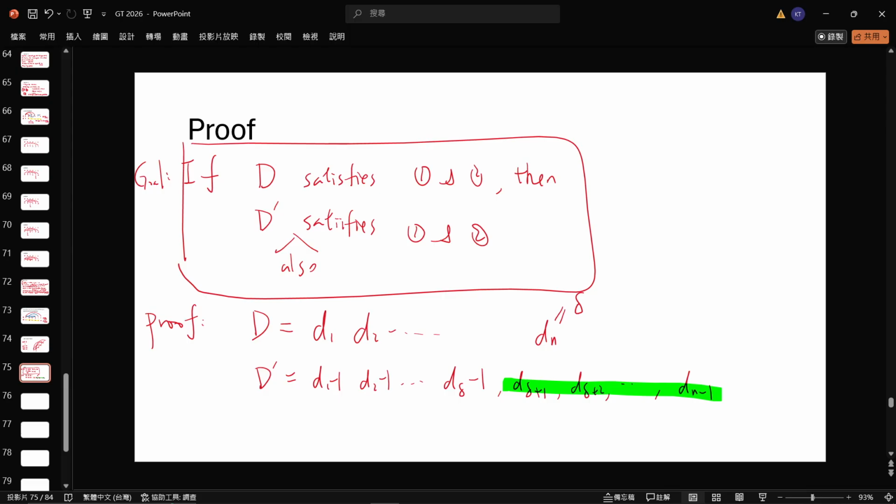So we don't have to worry about these degrees. But we do need to consider these degrees because now they are less than the original degree.